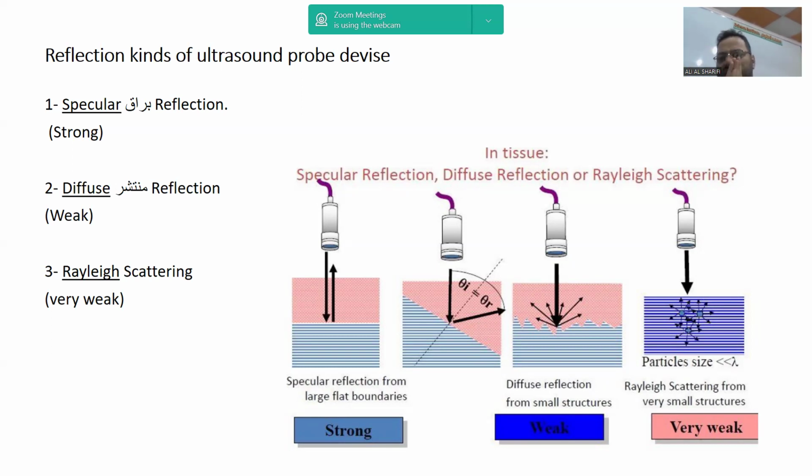It's related to the physics and chemistry department. Its name is Rayleigh scattering from very small structures. Its name is Rayleigh scattering reflection of the ultrasound probe device.